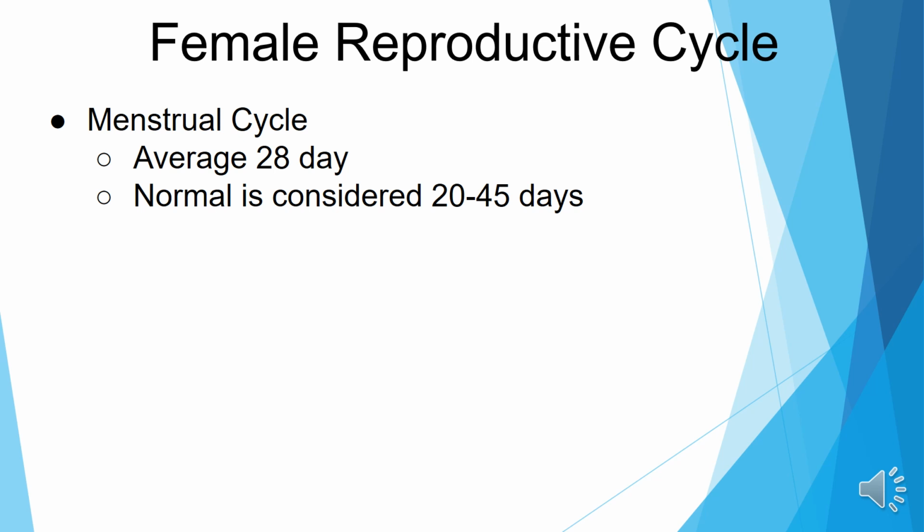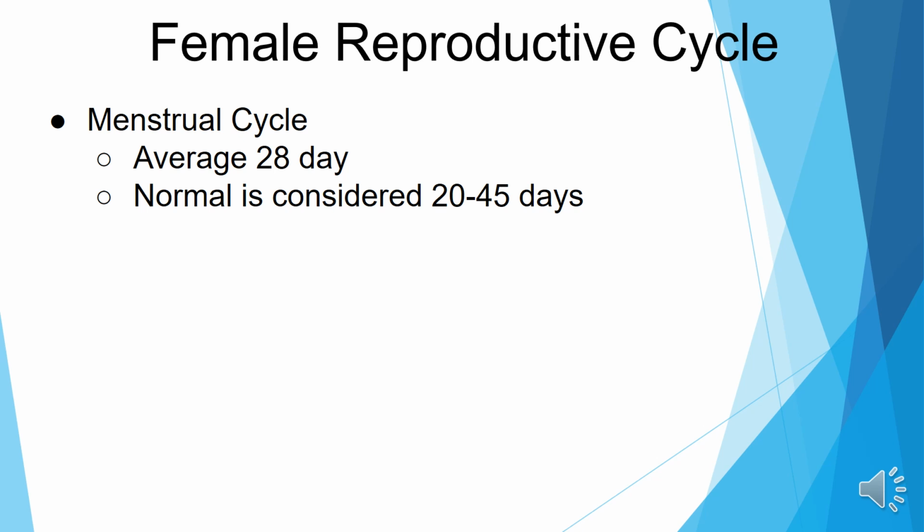So the menstrual cycle average is 28 days. That's just an average. Normal is considered between 20 to 45 days. And that comes into play when we talk about conception, because if couples are trying to conceive, you can't rely on your cycle to be 100% textbook every month.